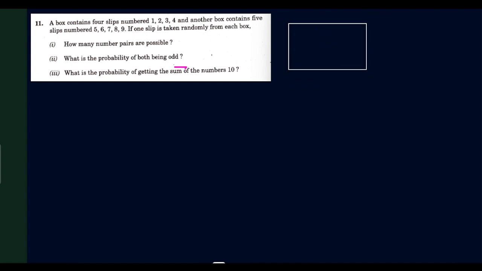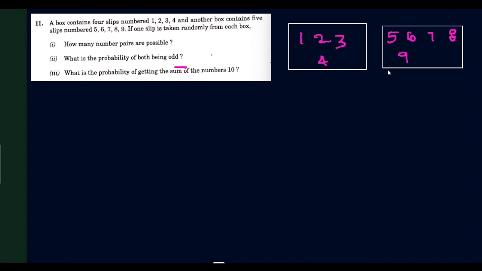And another box containing, so in another box, what all are there? 5, 6, 7, 8, 9. So here I have 1, 2, 3, 4 and in another one, 5, 6, 7, 8, 9.